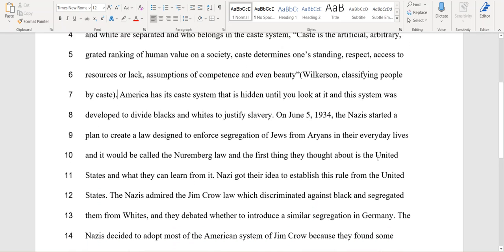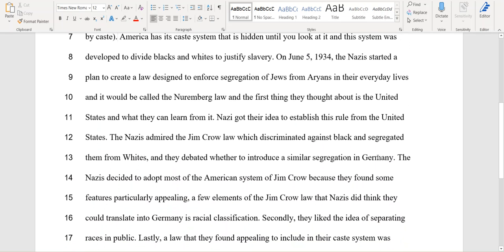On June 5th, 1934, the Nazis started a plan to create a law designed to enforce segregation of Jews from Aryans in their everyday lives, and it would be called the Nuremberg Law. And the first thing they thought about is the United States and what they can learn from it. Nazis got their idea to establish this rule from the United States. The Nazis admired the Jim Crow law, which discriminated against black people and segregated them from whites, and they debated whether to introduce a similar segregation in Germany.